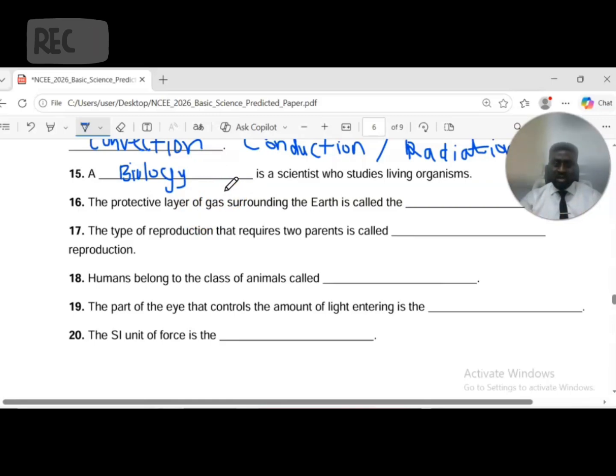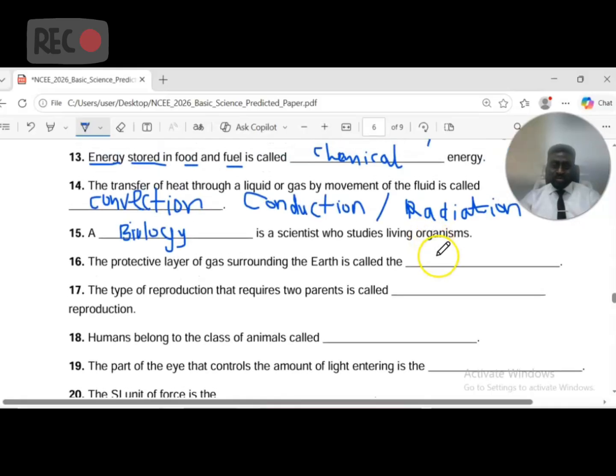All right, question 16. The protective layer of gas surrounding the earth is called this. It has to do with the different layers of the environment. So we start with the earth crust, we move to the lithosphere, the hydrosphere, we move to the atmosphere, which is the envelope of gases surrounding the environment, which sustains living organisms in the environment, including humans. Then we have the stratosphere after the atmosphere.